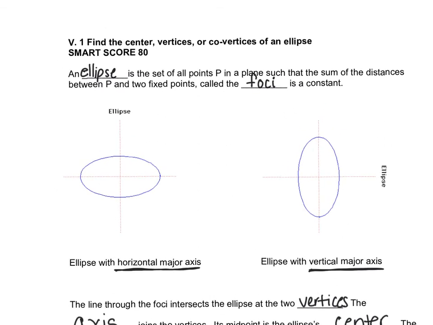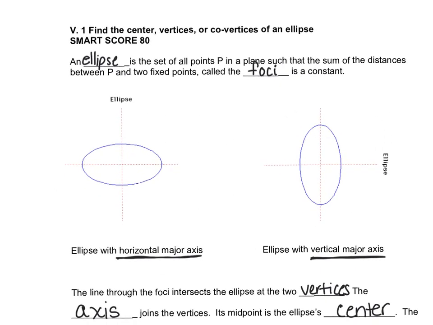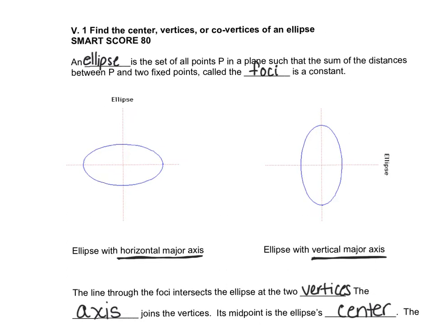If we go back up and look at this picture, we can see that this point in the middle here is the center. The center is in the middle. This point here on the right and this point here on the left, since it has a horizontal major axis, these two points are called vertices.